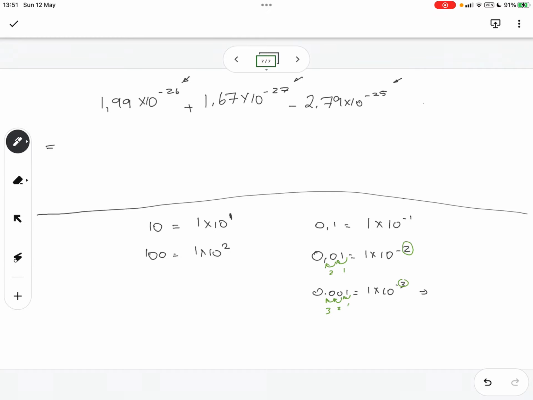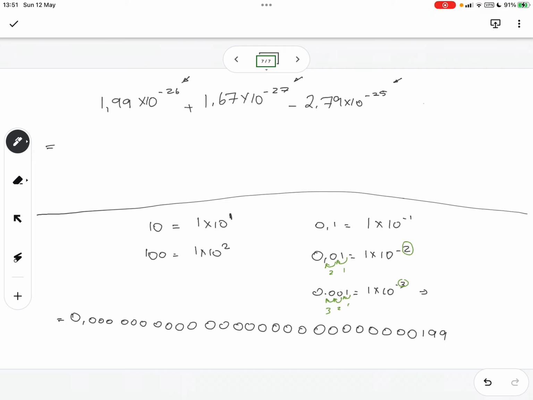So if you have 0.1, 2, 3, 4, 5, 6, 7, 8, 9, 10, 11, 12, 13, 14, 15, 16, 17, 18, 19, 20, 21, 22, 23, 24, 25, 26, 199.